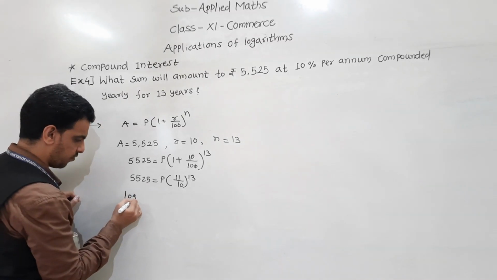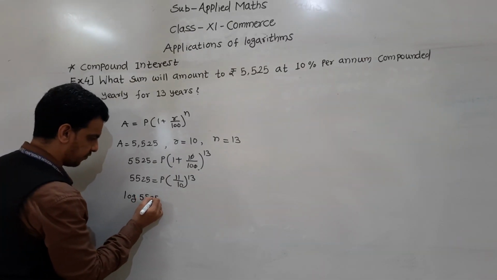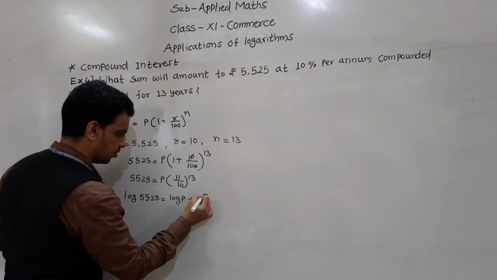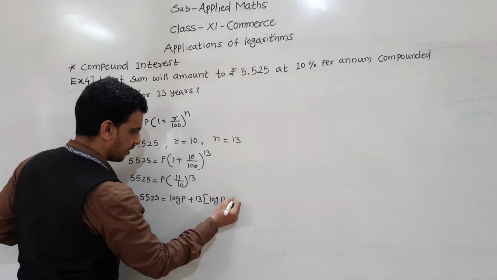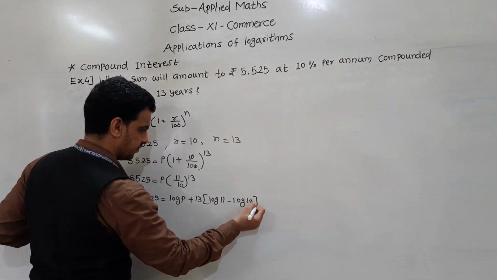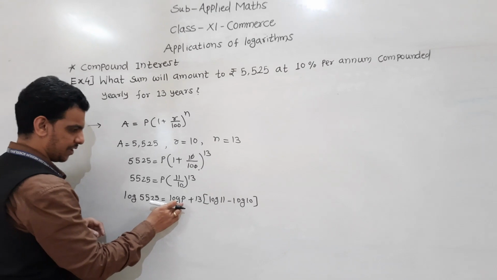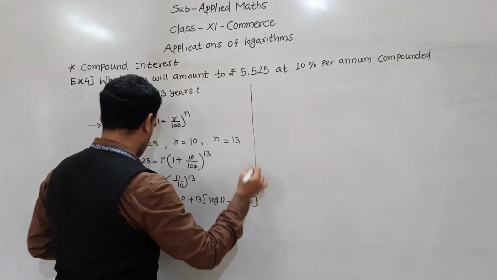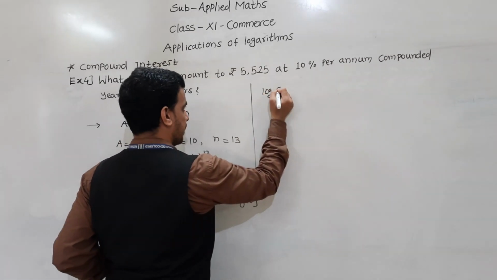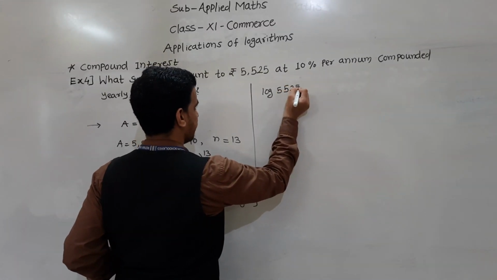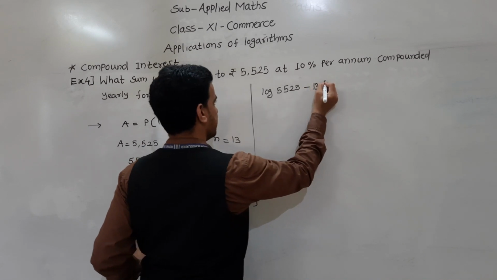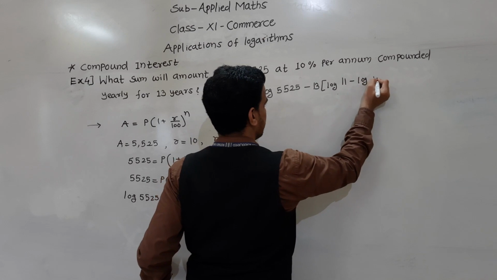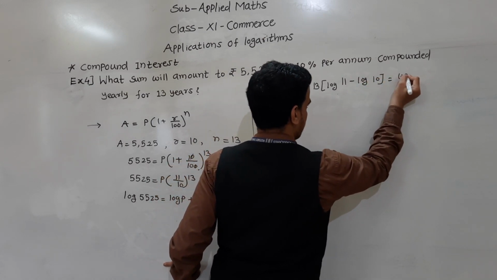So log of 5525 is equal to log P plus 13 into log of 11 minus log of 10. So now we have to find value of P. So this term we have to shift to the LHS. So log of 5525 minus 13 into log of 11 minus log of 10 is equal to log P.